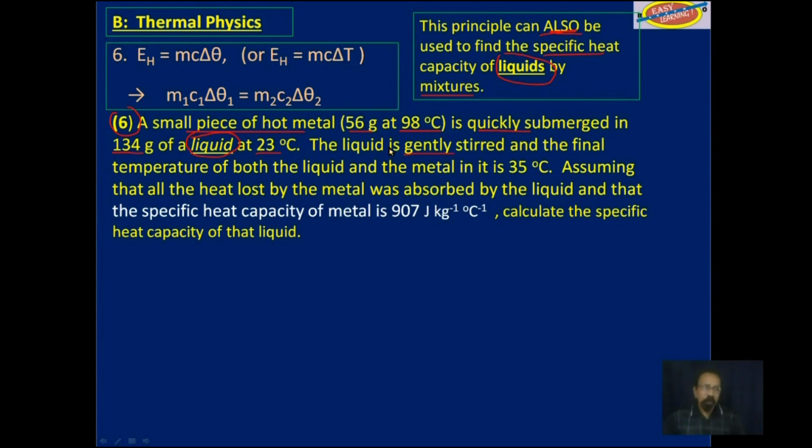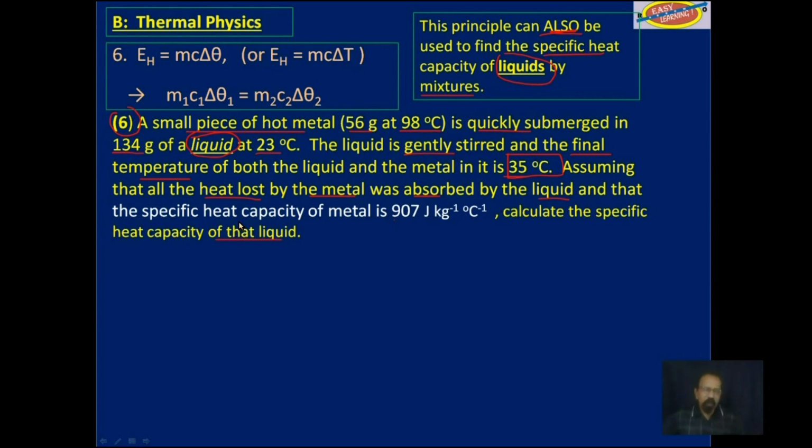The liquid with the hot metal in it is gently stirred and the final temperature of both the liquid and the metal is recorded as 35 degrees Celsius. Assuming that all the heat lost by the metal was absorbed by the liquid, and that the specific heat capacity of the metal is 907 joules per kilogram per degree Celsius, calculate the specific heat capacity of the liquid.